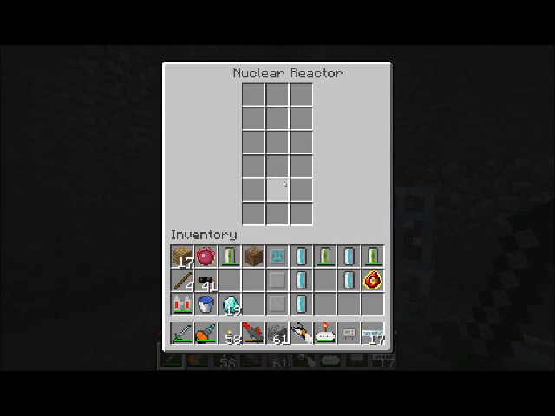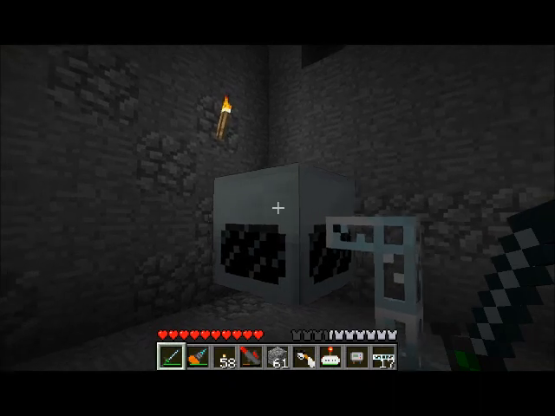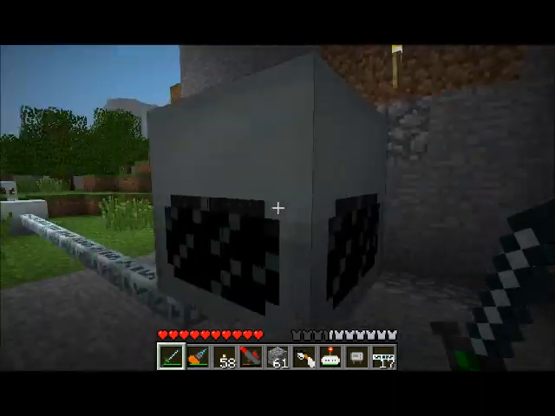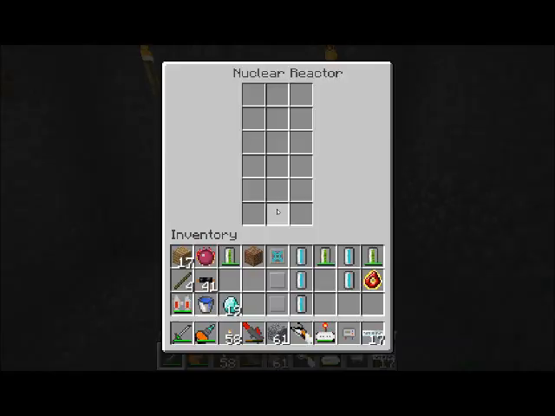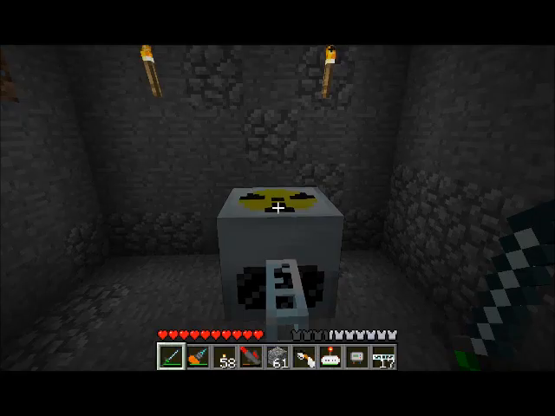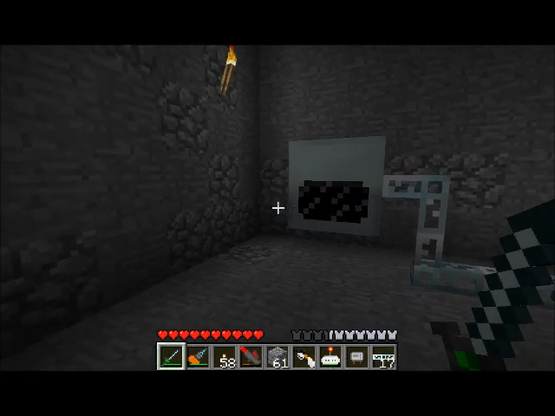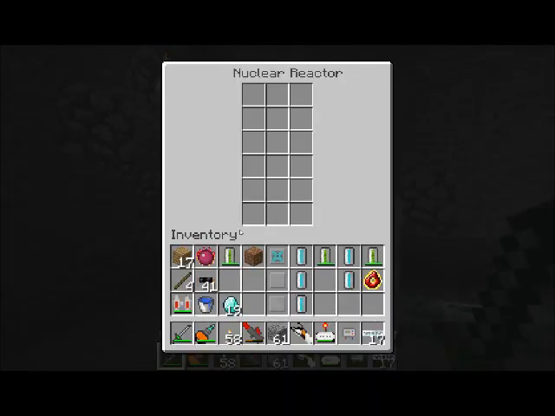Okay? And what's going to happen is that heat is going to build up in the reactor hull right here, the actual machine itself. If the reactor hull's machine ever reaches 10,000 heat, it'll explode. Okay? So 10 heat per second to 10,000 heat would take about 1,000 seconds.